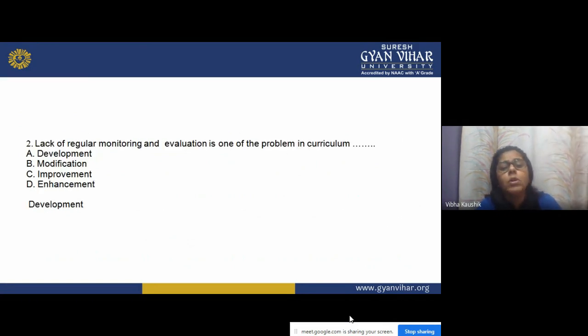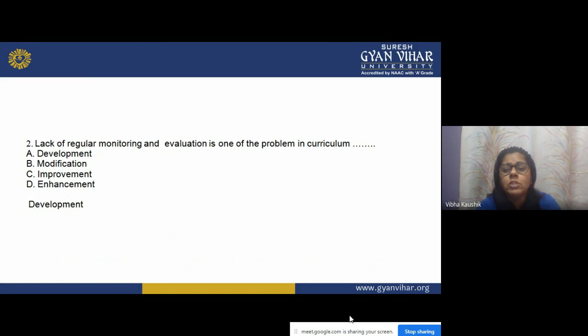Now, the second one is: lack of regular monitoring and evaluation is one of the problems in curriculum. Lack of regular monitoring means that once we have implemented the curriculum, we are not regularly monitoring whether it has been implemented in the same way in which it was designed or prepared.